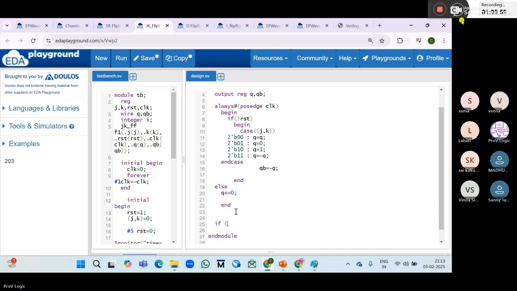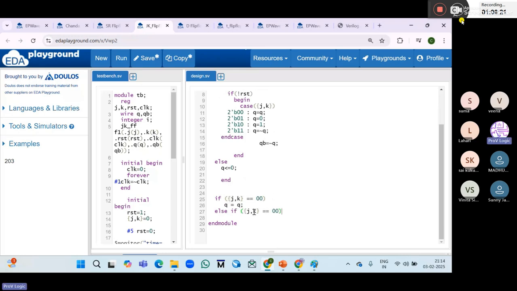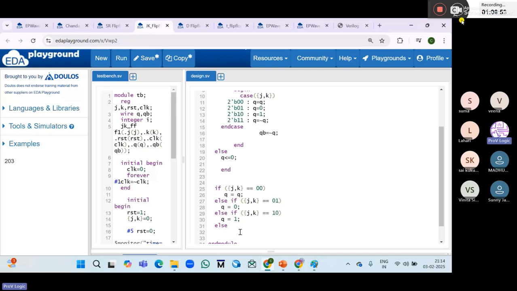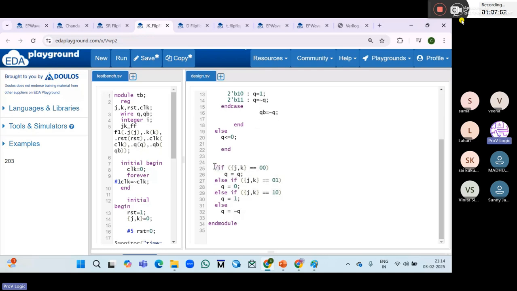Suppose I'm writing if J comma K, the concatenation operator, equal to 00, then Q equal to Q, else if JK equal to 01, then Q equal to 0, else if JK equal to 10, then Q equal to 1, else default, Q equal to not Q. Okay, so this is how we can write it in if else also, if you want.